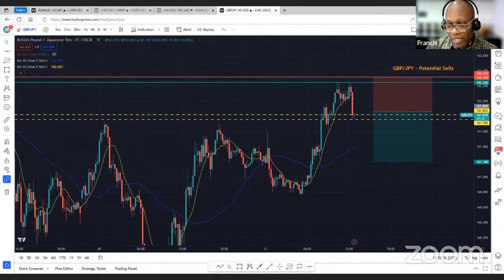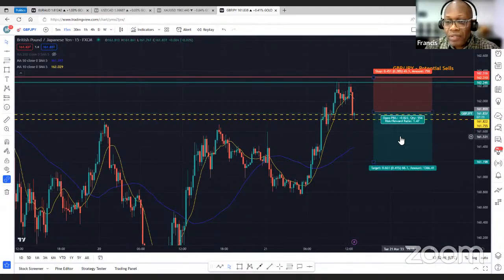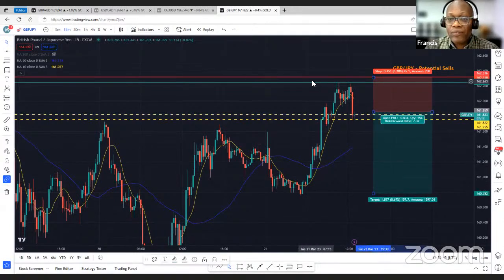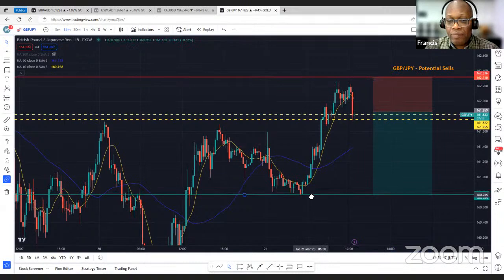Okay, so we'll wait for the close of this candle and decide what to do with it. It could push up. If it pushes up, that could mean that we are risking less. But let's see how this one plays out.